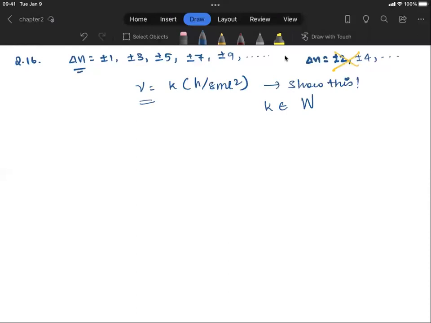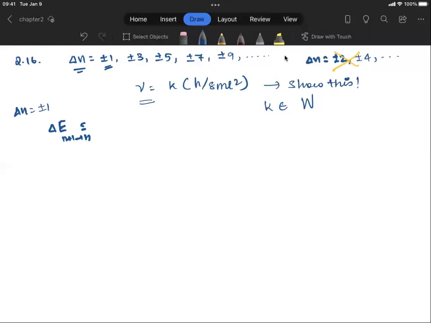Okay, so given that the changes in n that are allowed are when delta n changes by plus or minus 1, 3, 5, any odd number, we know that this is the case. Given this, we can write delta E when the state change is from n plus 1 to n, where delta n is equal to plus or minus 1.